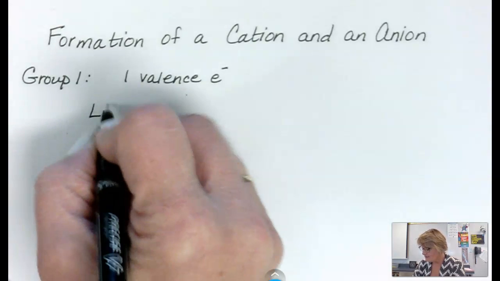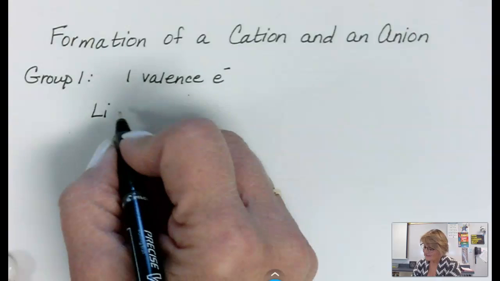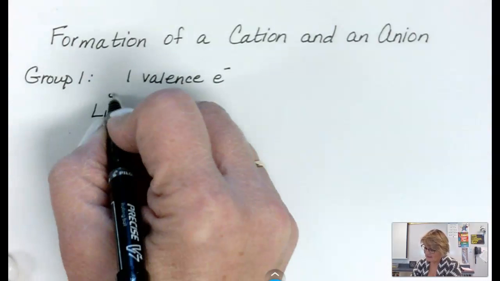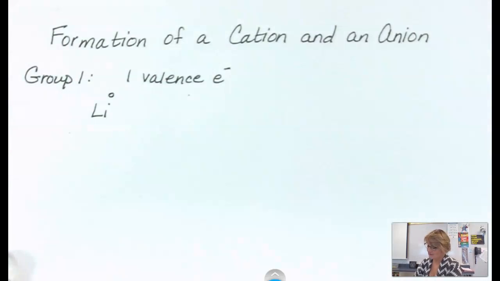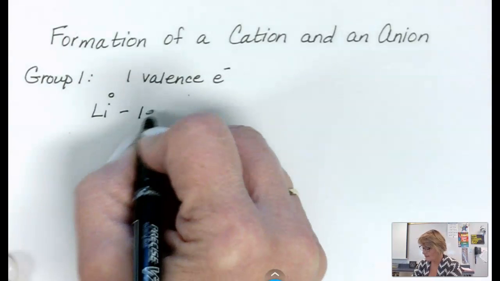If we take the lithium atom and look at what it wants to do, again, it would like to lose an electron. Right now it has a charge of 0. We said that it wants to lose 1 electron.